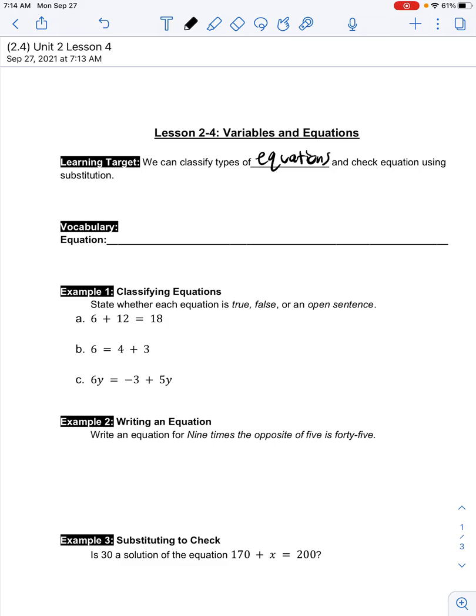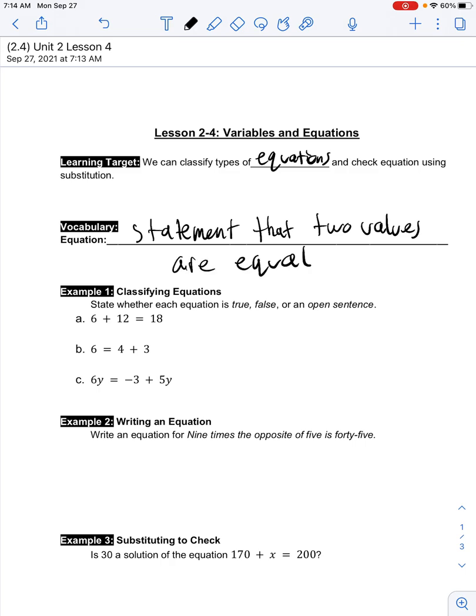So an equation is basically a statement that says two values are equal. Again, I like to think of it kind of like a scale.